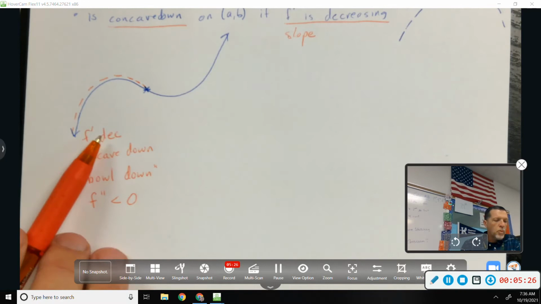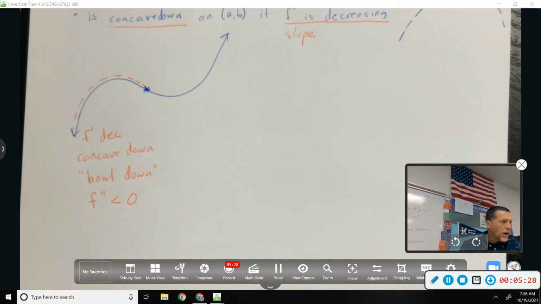If f prime is decreasing, then f double prime is negative. And you could keep going with that. If f double prime is decreasing, then f triple prime would be negative. And if f triple prime was decreasing, then f quadruple prime would be negative. And on and on and on.